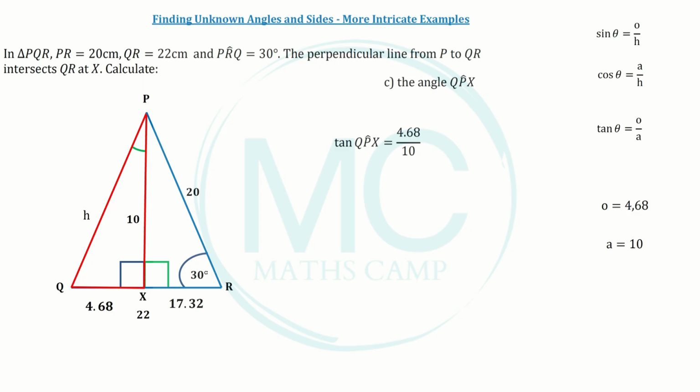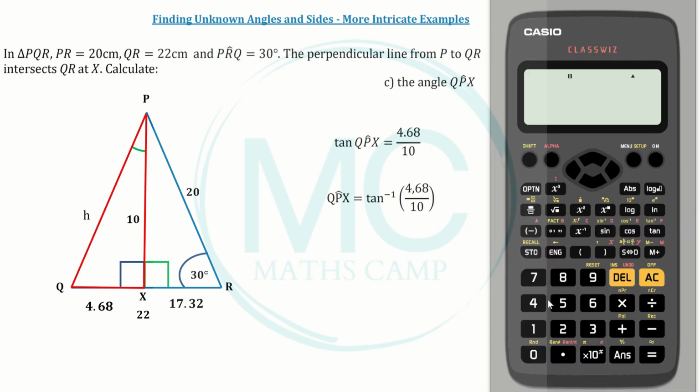Now we need to get the angle itself on one side of the equal sign, which means we move tan to the other side. So now we have angle QPX is equal to, we're moving tan, so this becomes tan to the power of -1. Let's open our bracket and fill it with the fraction 4,68 over 10. And now we can close our bracket. Let's get our calculator.